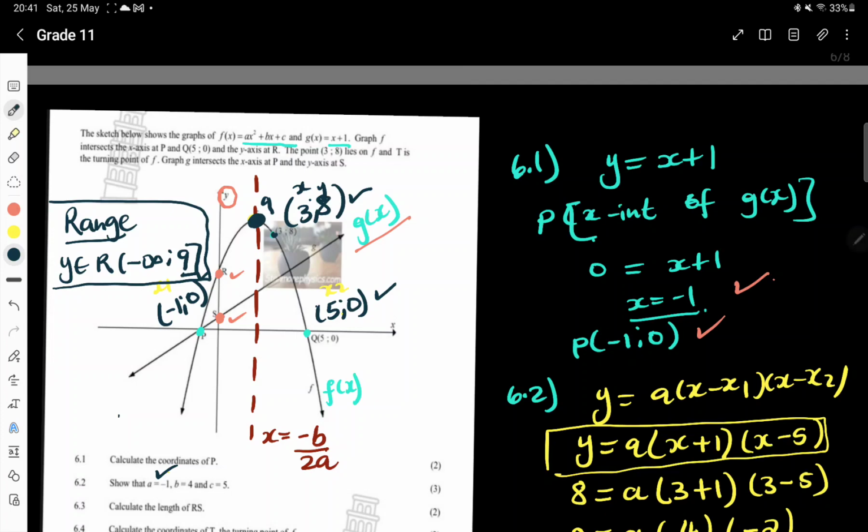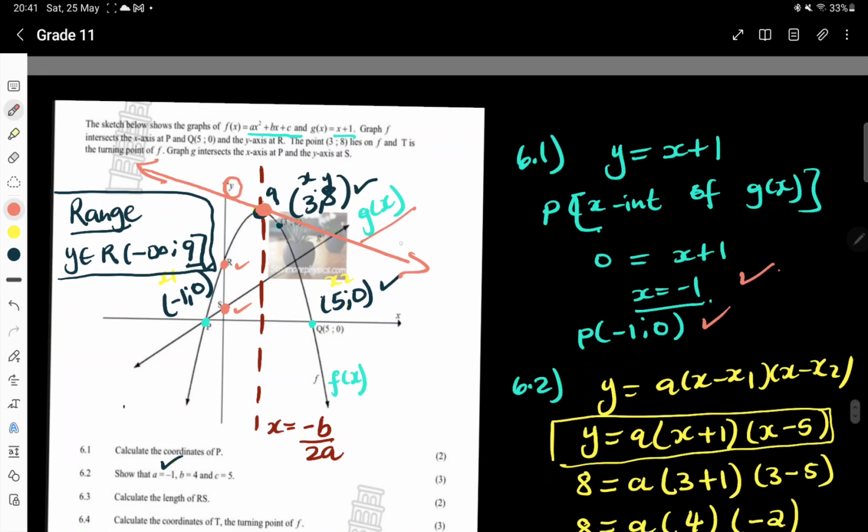Let's say you have something like this. It's a tangent. It touches my graph at one point. It is a positive gradient. It was just a rough sketch.